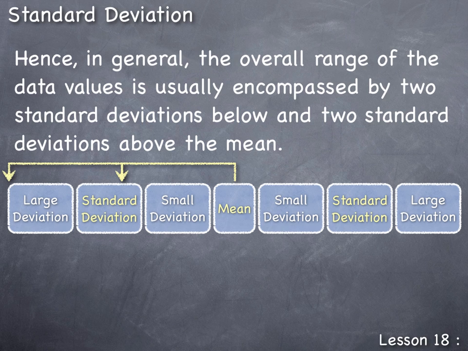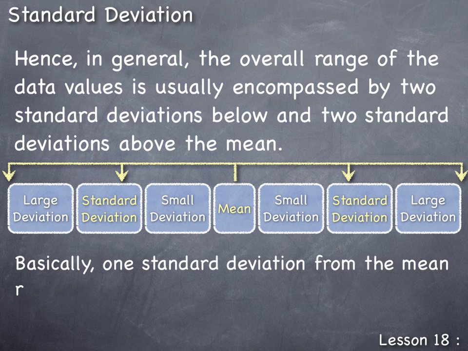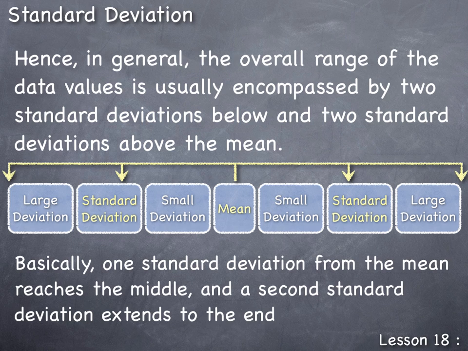The same is true on the above mean side. If you go 1 standard deviation above the mean, you get to the middle of the above mean values, and a second standard deviation above the mean gets you to the end of the above average data values. Basically, 1 standard deviation from the mean in either direction reaches the middle, and a second standard deviation extends all the way to the end of the data.